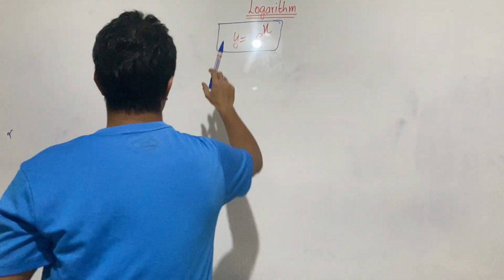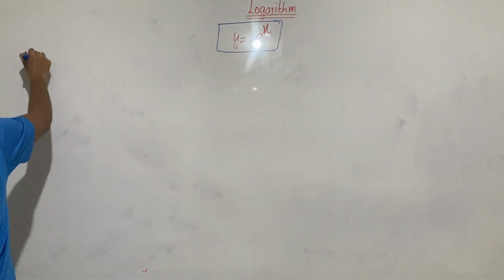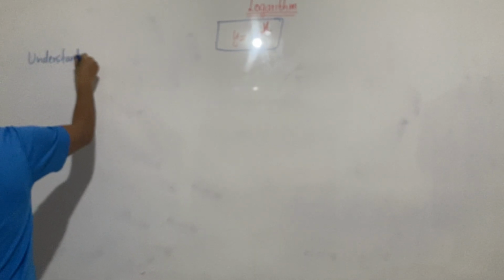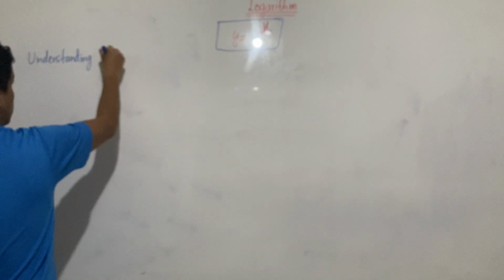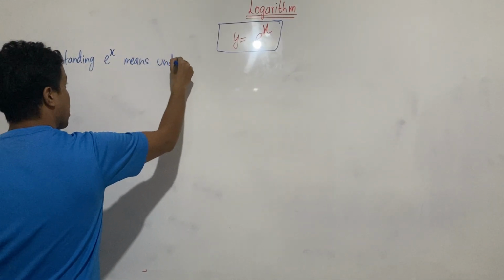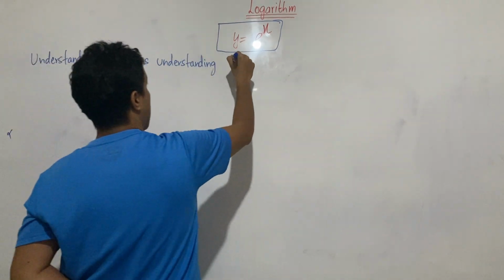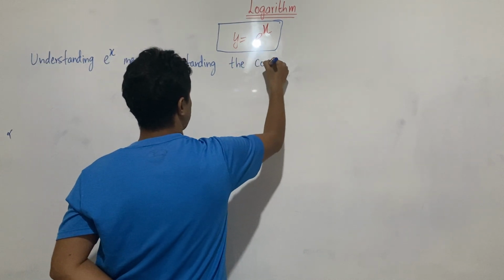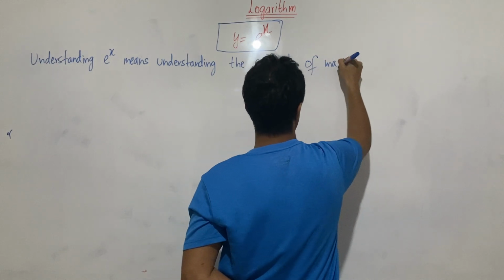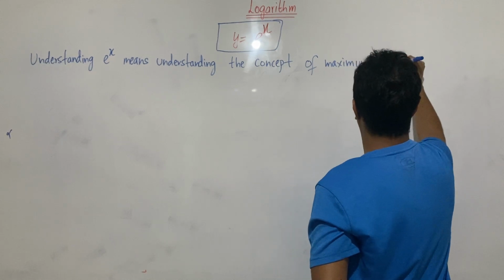Here I can write that understanding e to the x means understanding the concept of maximum growth.